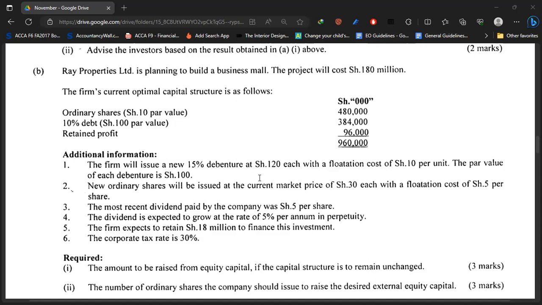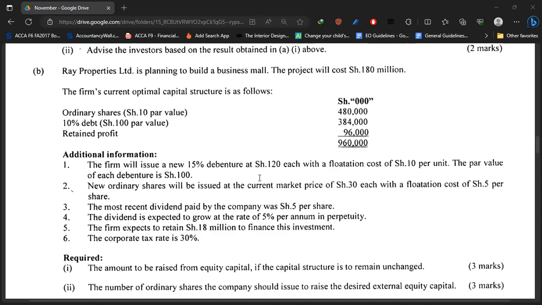Additional information. 1. The firm will issue a new 15% debenture at 120 shillings each with a flotation cost of 10 shillings per unit. The par value of each debenture is 100 shillings. 2. New ordinary shares will be issued at the current market price of 30 shillings each with a flotation cost of 5 shillings per share. 3.